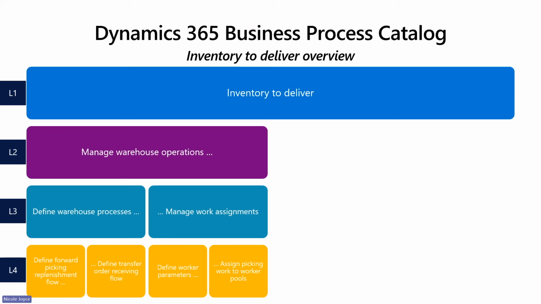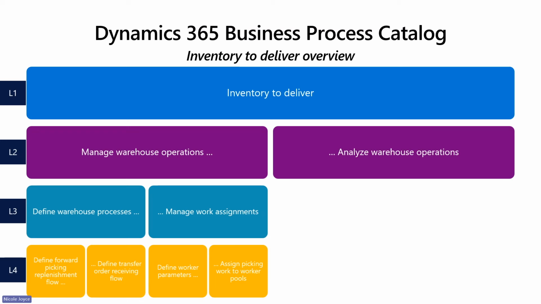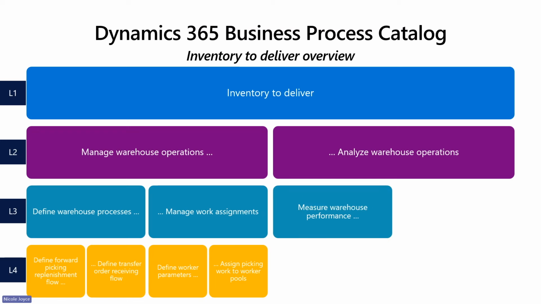So to give you one more example here, under inventory to deliver, let's look at the level 2 on the kind of the other side of the hierarchy, which is analyze warehouse operations. And then at the level 3 business processes underneath analyze warehouse operations, we would have measure warehouse performance, and also report on inventory quality.